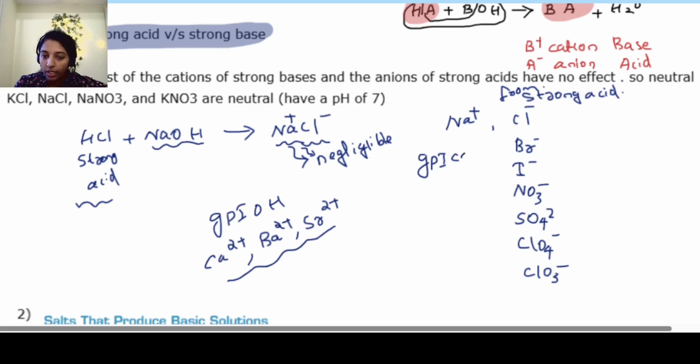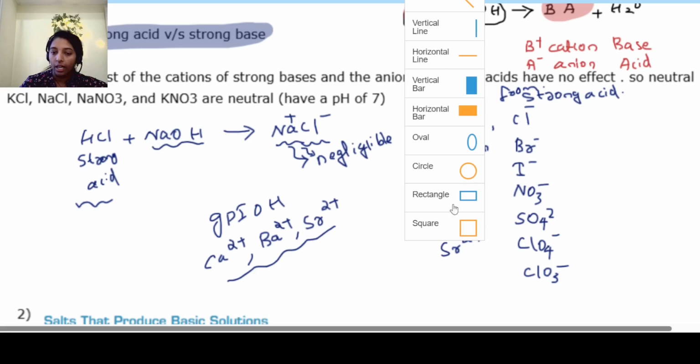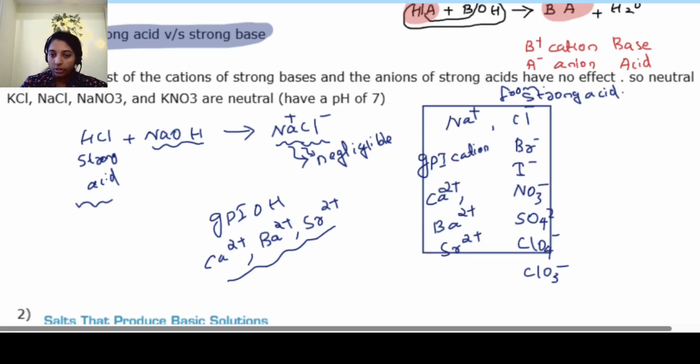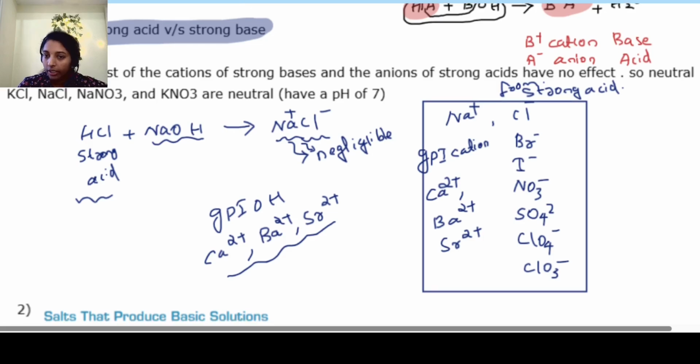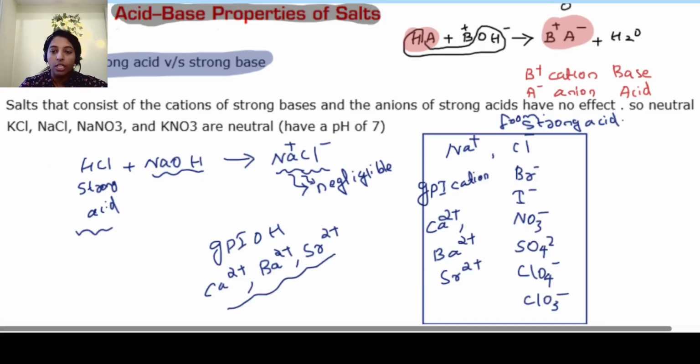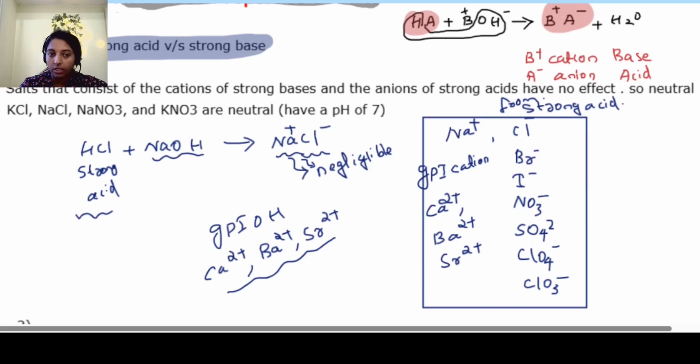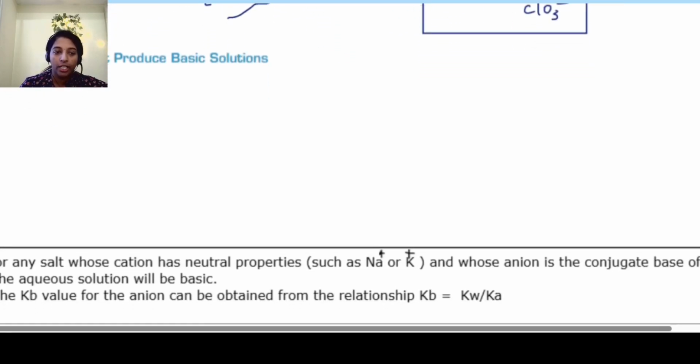So definitely group 1 cations are neutral, like Na+, Li+, K+, Cs+, Fr+. And group 2 are Ca2+, Ba2+, Sr2+. So this is the list of neutral ions. Did you get the idea? When they talk about neutral ions, this is the meaning. Neutral ions have no effect. Got it? Then let's move on to the next one.